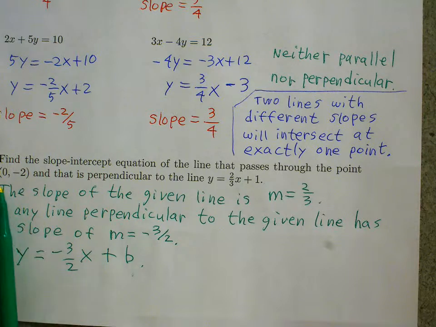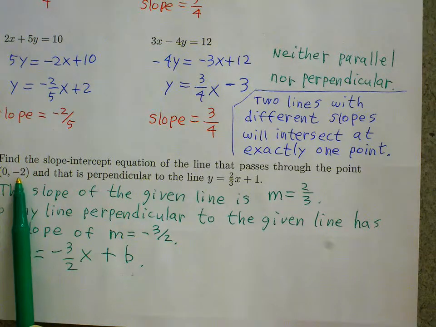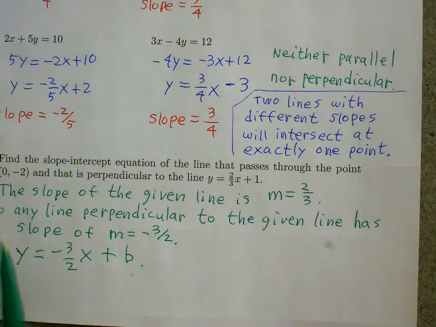But the point that we're given that the perpendicular line passes through is the y-intercept, 0, -2, right? When x is 0, the y coordinate is -2. So 0, -2 is the y-intercept of the perpendicular line.